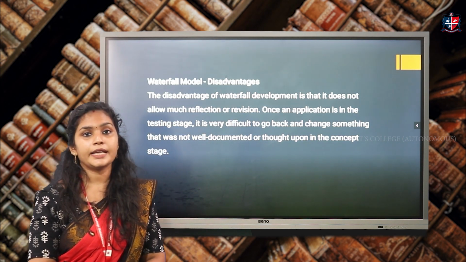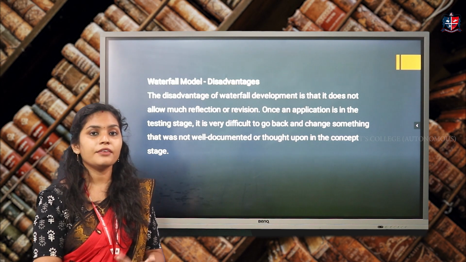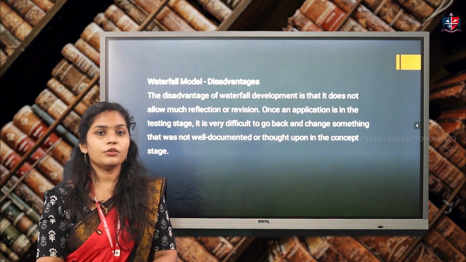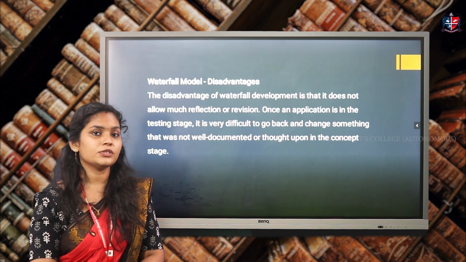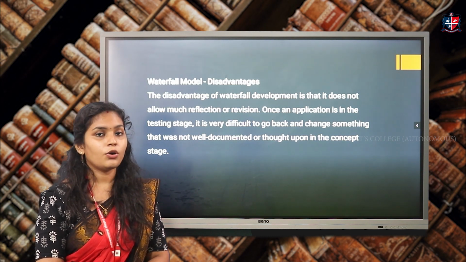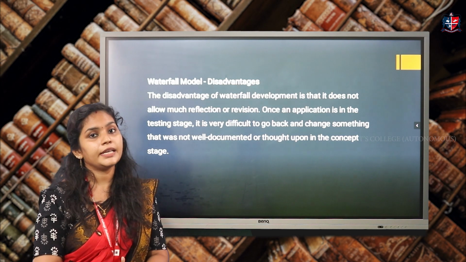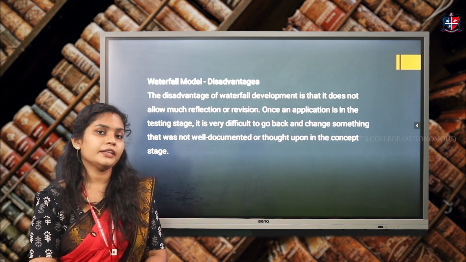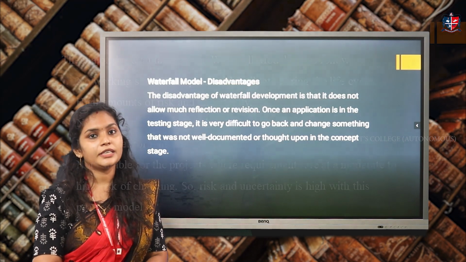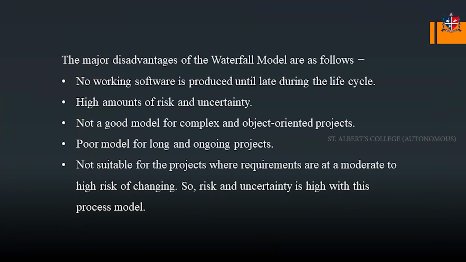This means in the testing phase we must not make changes, because it is a sequential process. If you need any changes, it will go back through the first step and changes are made again in sequential order. So these are the major disadvantages of the waterfall model.